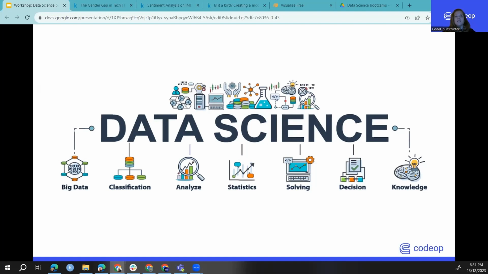Of course, you can look at these and be like, oh my God, there's no way I can learn all of this in maybe a boot camp or in a short amount of time. But the thing is, you don't need to go deeply into them. You could spend years just doing statistics, right? But to be able to do data science, the computer does most of this work anyway.